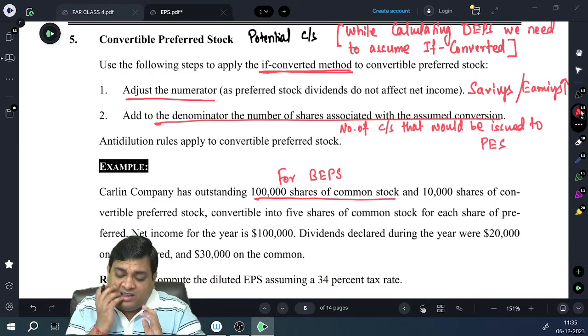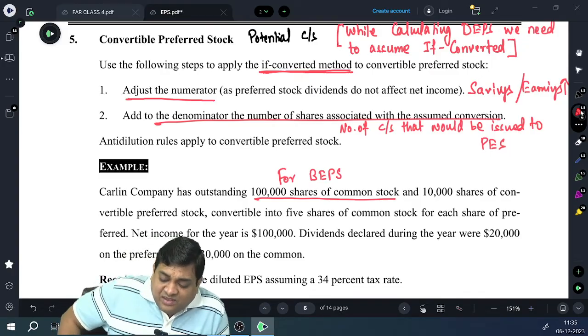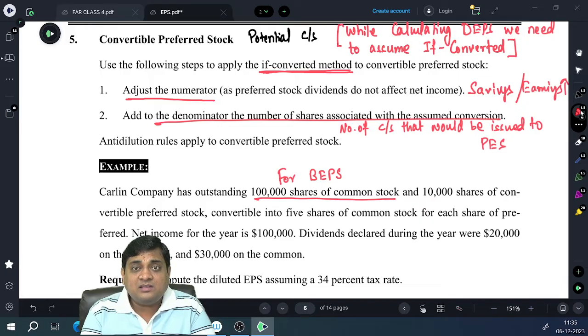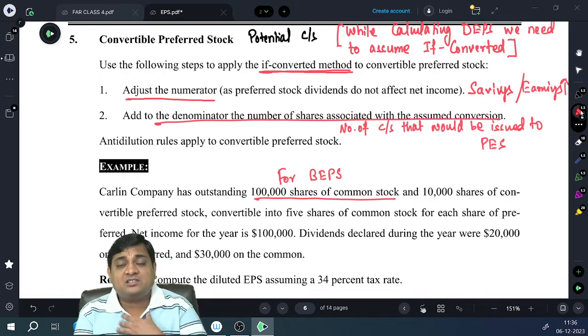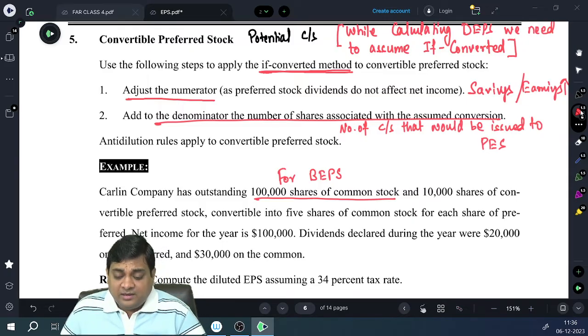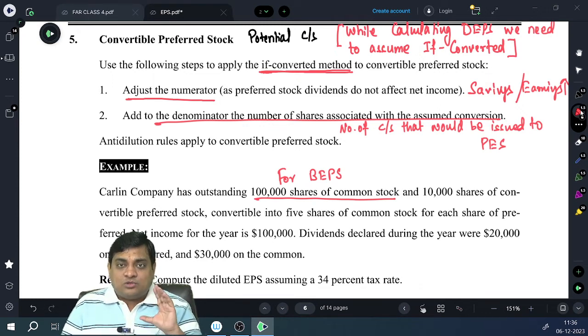Now listen to me very carefully. When they have given net income, this is already after tax. The word net income means net income from continuing operations, already after deducting this 34% tax. So from this we are only going to subtract the preferred dividend, not the common stock dividend, because we need to calculate earnings for common stockholders, not retained earnings for common stockholders.